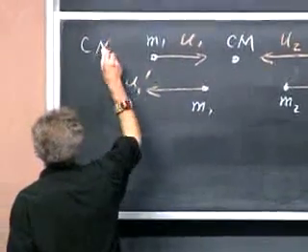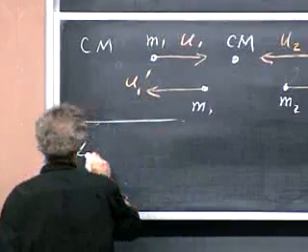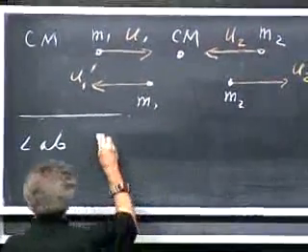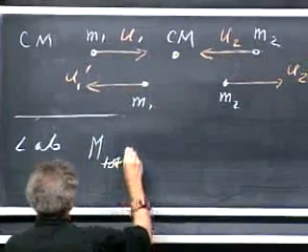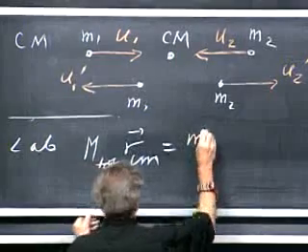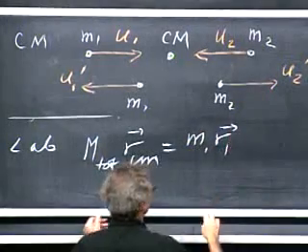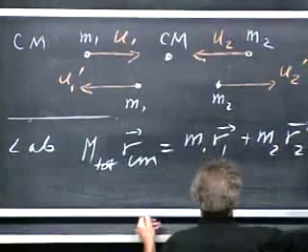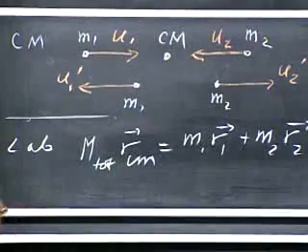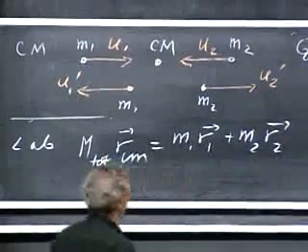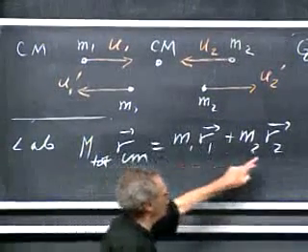So we're dealing here with the center of mass frame, and now I'm going back to the laboratory frame. And we know that m total times the position vector of the center of mass, this is the way we defined it last time, equals m1 times the position vector of particle 1 plus m2 times the position vector of particle 2. And so, if you take the derivative of this equation, then the positions become velocities.